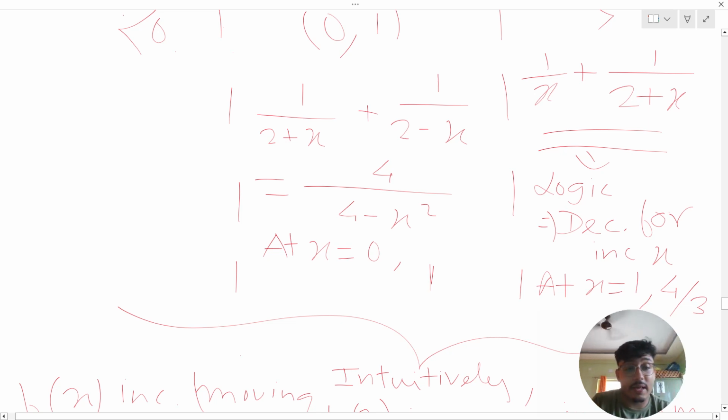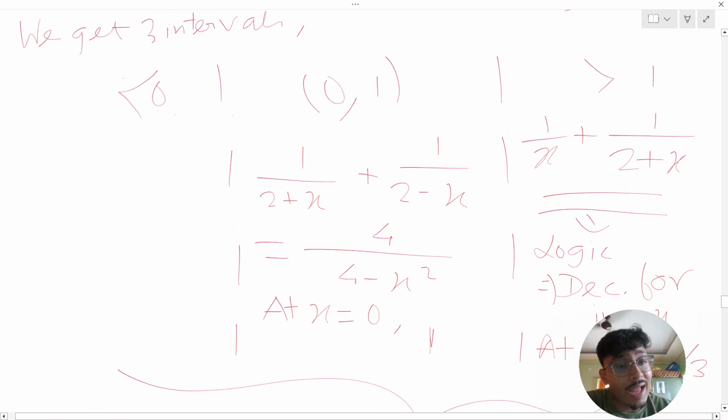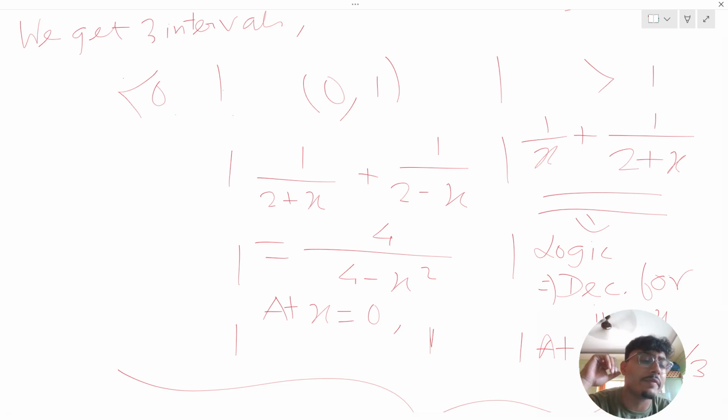Now, time for intuition. At x equals to 0, this function is basically giving the value of 1. And for any value, this function is going to decrease. See it properly, 1 by x plus 1 by 2 plus x is going to decrease for any value of x greater than 0.